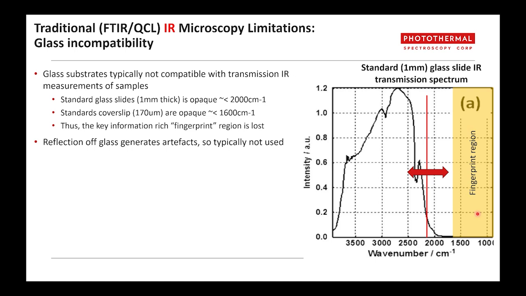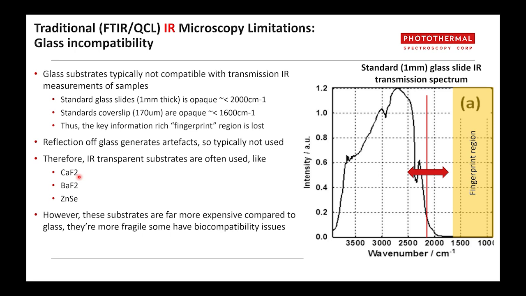Reflection off glass generates artifacts, so it's typically not used. Most people in the traditional FTIR QCL space are using infrared transparent substrates like calcium fluoride, barium fluoride, zinc selenide. However, these are far more expensive, certainly much more fragile, and some of them even have some biocompatibility issues.